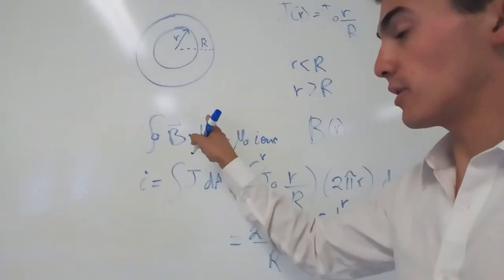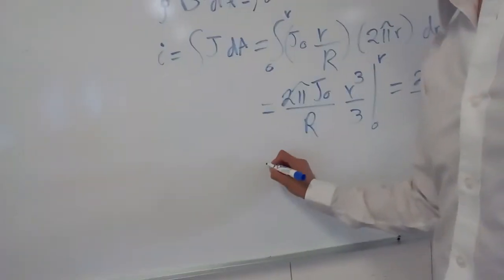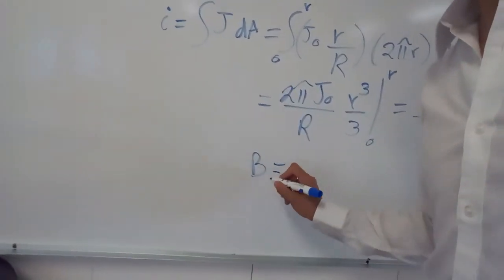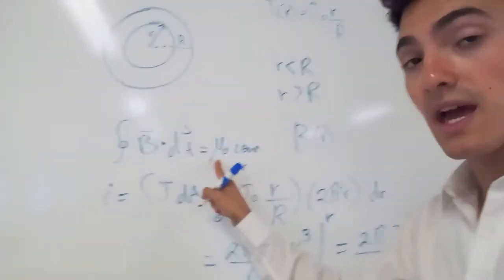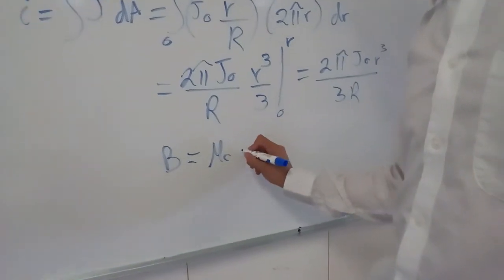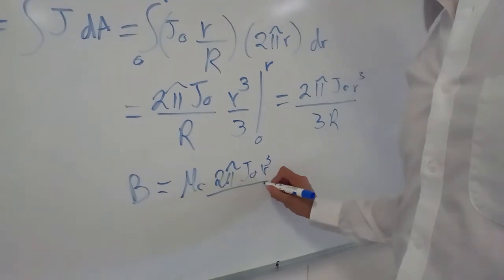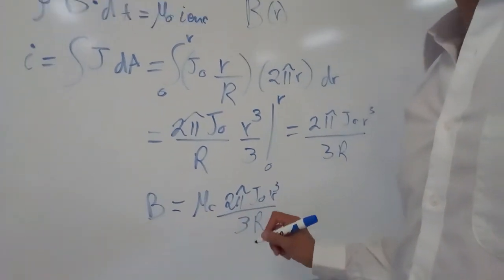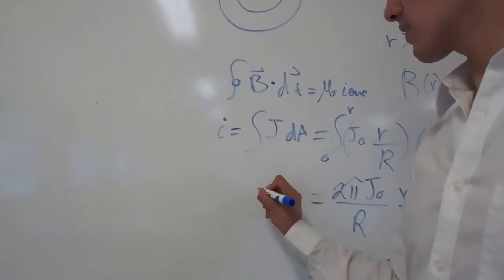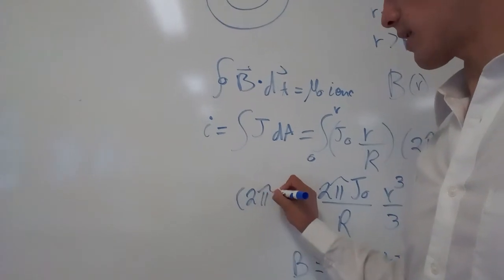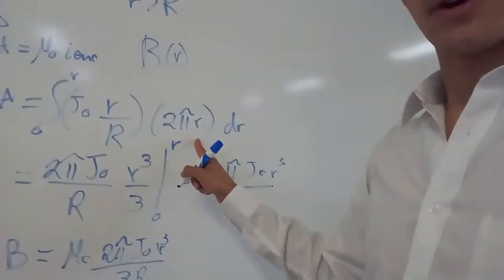So once we have the current, we can write here that our magnetic field will be equal to this part. We have to move it here dividing, so the magnetic field will be equal to mu naught, that is this, times our enclosed current, that is 2 pi J naught r cubed over 3R, but we are dividing it by dA, and dA is going to be 2 pi r, also because it's the same one as in this part in here.